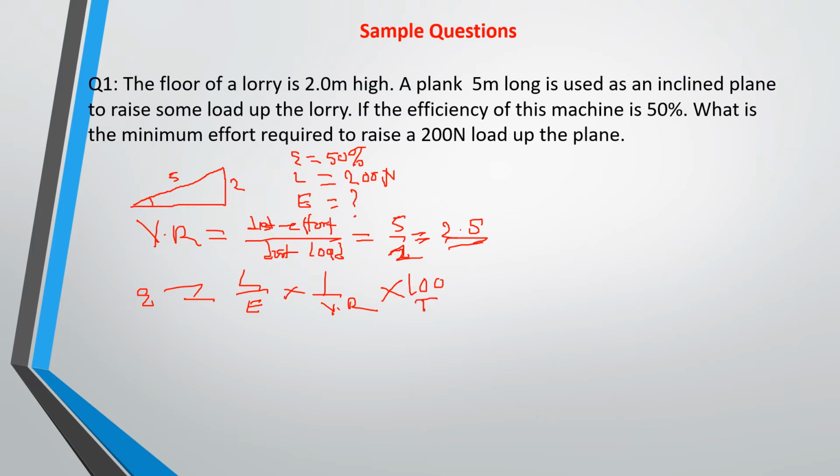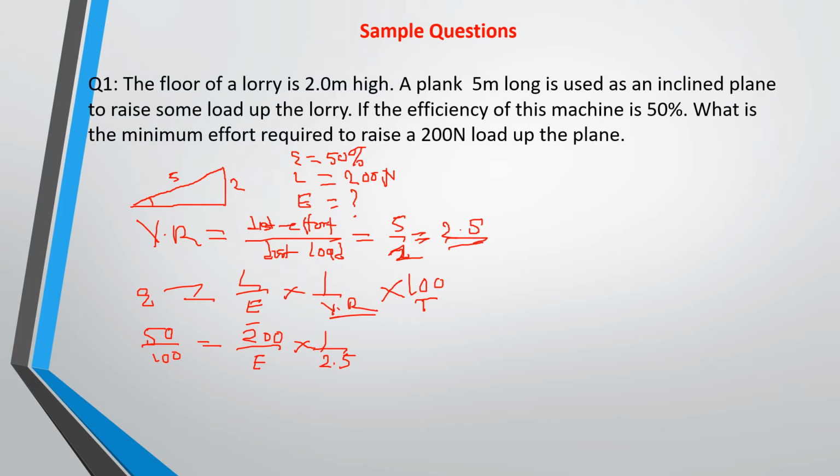So efficiency is given to you, load is given to you, effort is not given, and we have calculated the velocity ratio. So you can easily substitute your values here: 50 over 100 is equal to what? Load is 200 Newton all over the effort that you are looking for, multiplied by 1 over 2.5, which is the velocity ratio we just got.